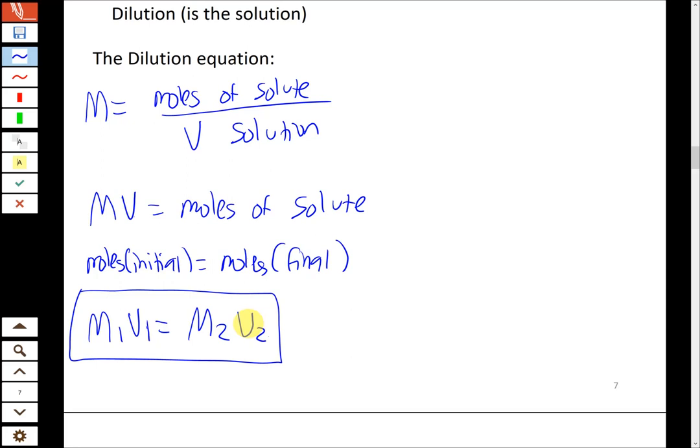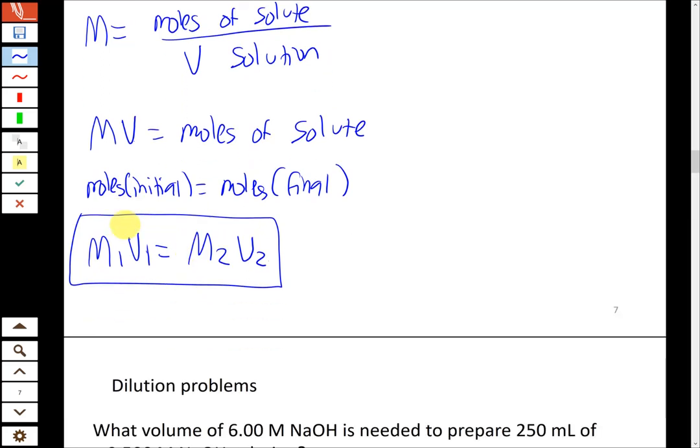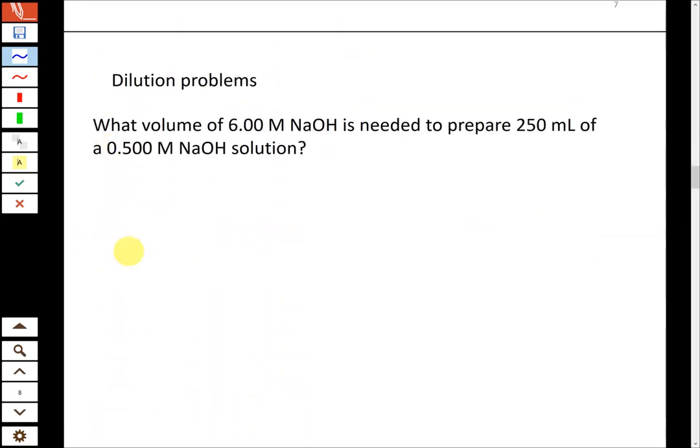It's tempting to use it in that situation, and there are some professors that teach you to do that, but it's risky because it doesn't always work, especially if your reaction has coefficients that are not 1 for every reactant and product. So use this with caution, only for dilution, not for anything else. But it's a very powerful relationship for dilution, and mathematically a pretty simple one because it's just 4 terms like this. All right, so let's see how we would use this equation as an example.